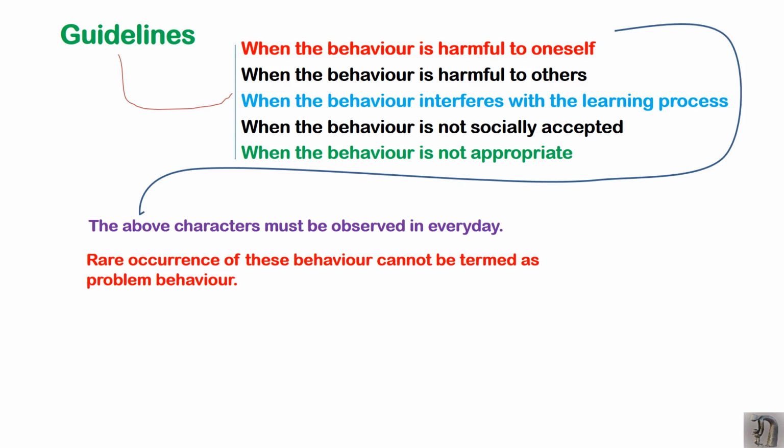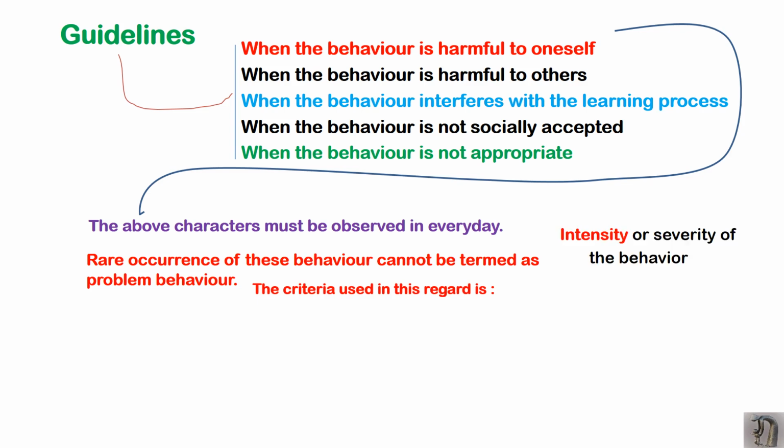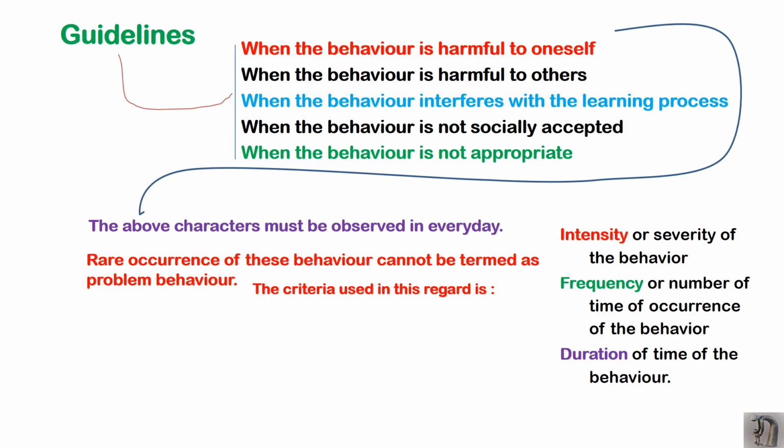So what is the criteria used in this regard? You have to see the intensity. That's why you need to observe every day: intensity, frequency, duration. So IFD, these three important criteria you need to observe.